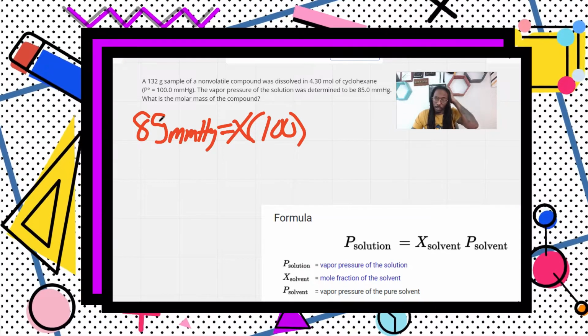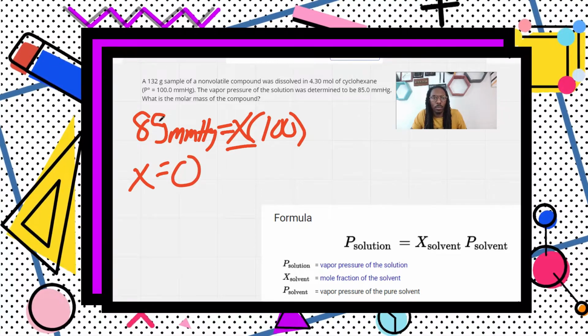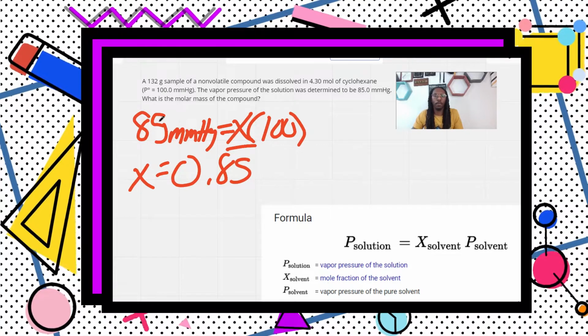Now that I have this in place, I can find my x. Your x that you're solving for is the mole fraction. We do some division here, and I get 0.85.